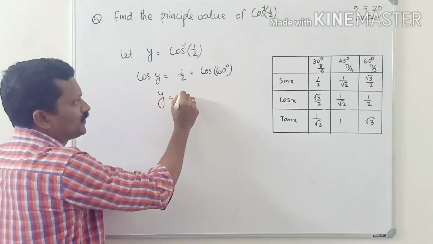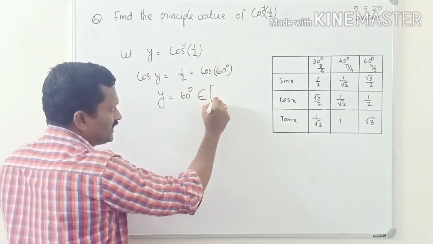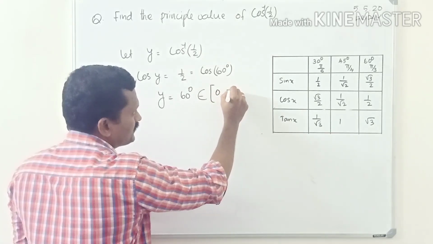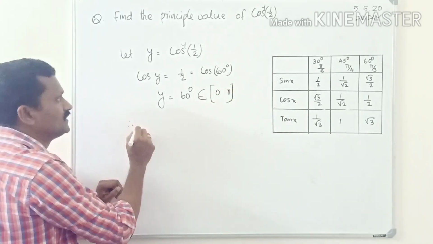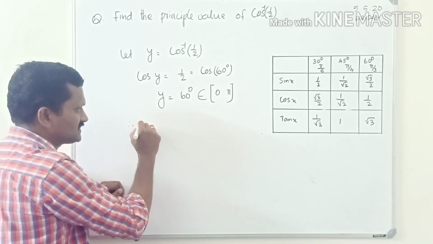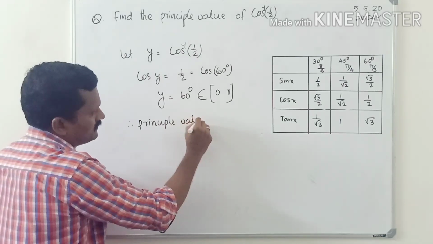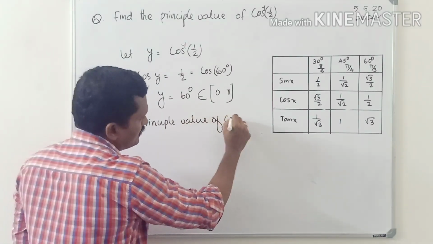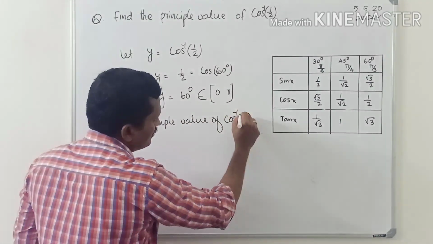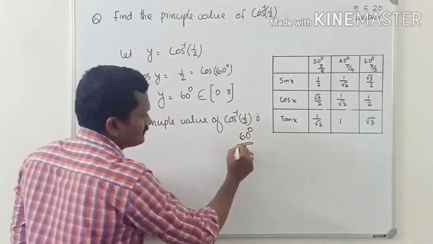Therefore, y equal to 60 degree, which belongs to the range 0, pi. Therefore, principal value of cos inverse 1 by 2 is 60 degree.